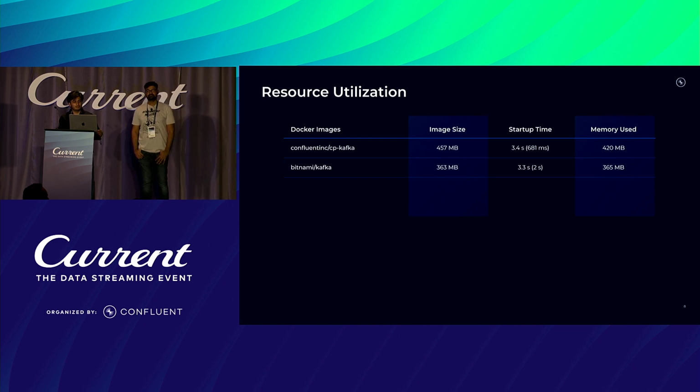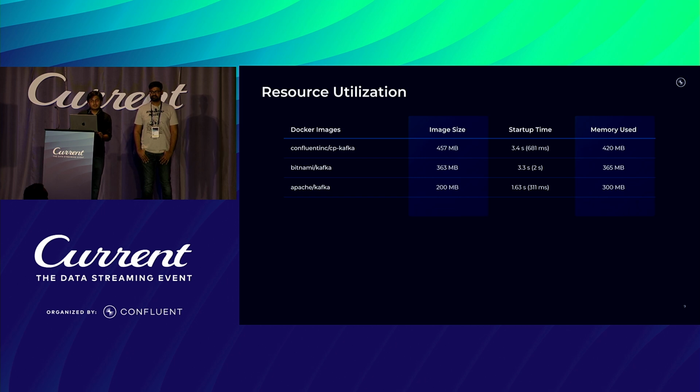Similarly, below are the numbers for the Bitnami Kafka. Recently, we also contributed the JVM Apache Kafka Docker image, which was also quite optimized. The image size of that image is 200 MB. Startup time of the container is 1.63 seconds, and the memory used is 300 MB.